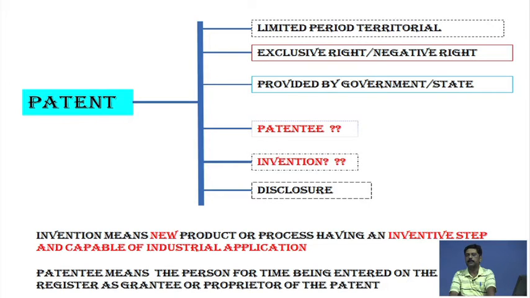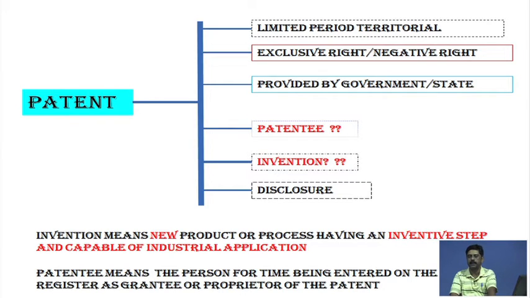Just like if you go to the land revenue land registers, a particular land remains registered against somebody's name. What is the implication of the register? The register is the evidence. Somebody can take an extract of the register, and if some litigation arises, that will be the proof of his ownership or proprietorship.